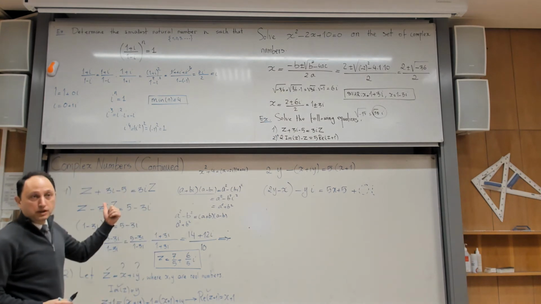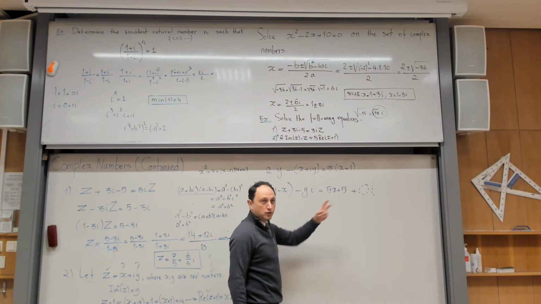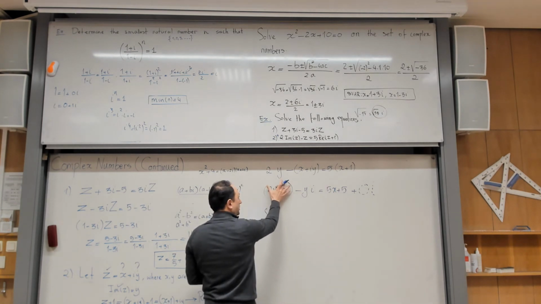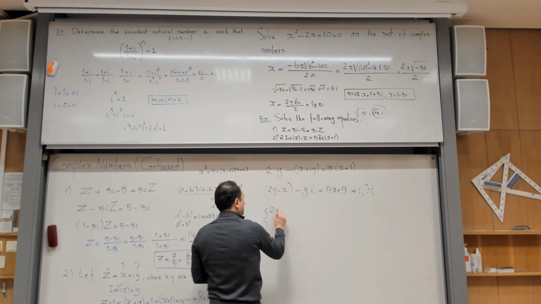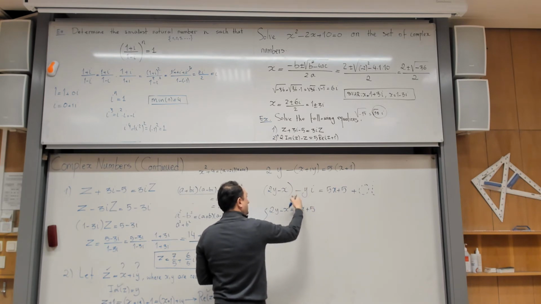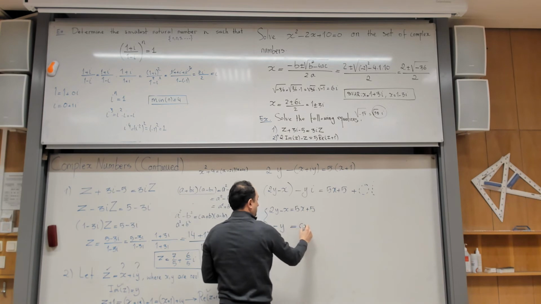And then the complex number on the left is supposed to be equal to the complex number on the right, so it gives rise to 2 equations. What is the first equation? The real part of this should match with the real part of that. And the imaginary part of this should match with the imaginary part of that.